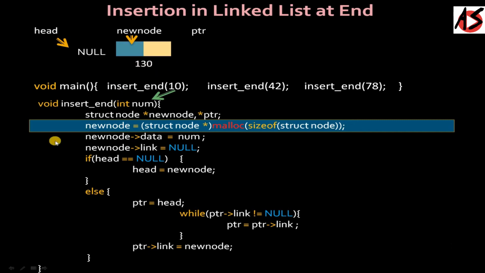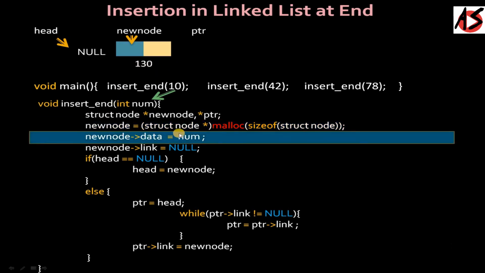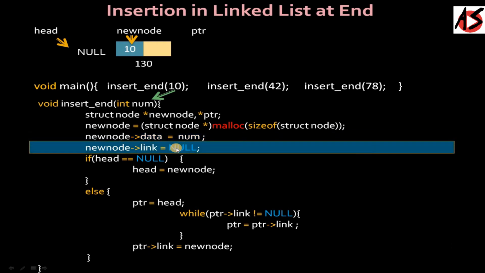Now in the data part of the new node, we are inserting num. Since num has the value 10, we are inserting 10. Then in the new node link part, right now we are inserting null. So here we can see null is inserted.